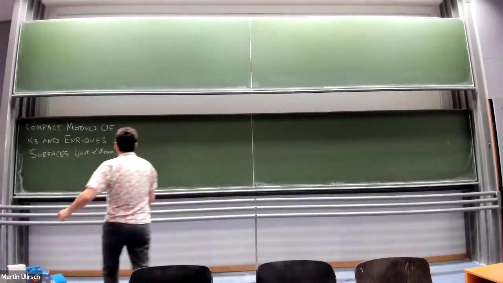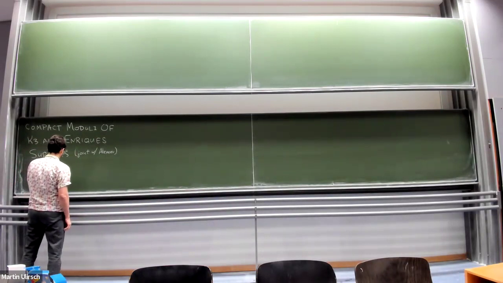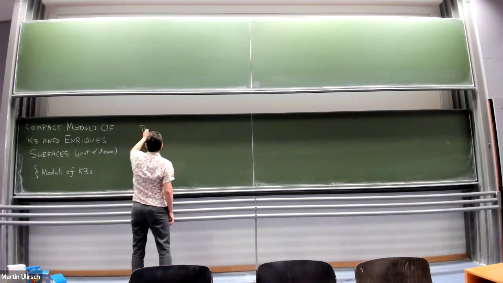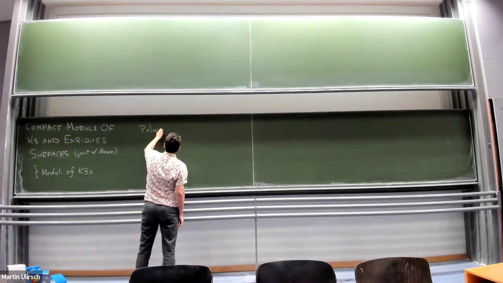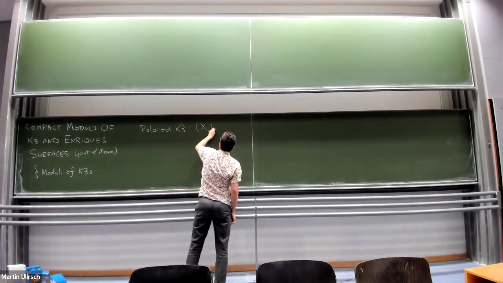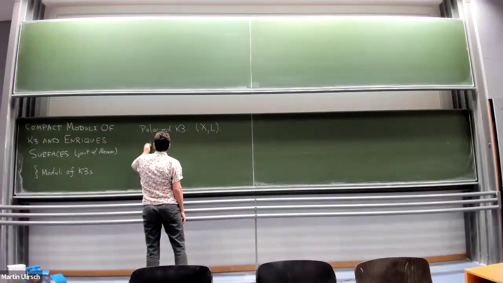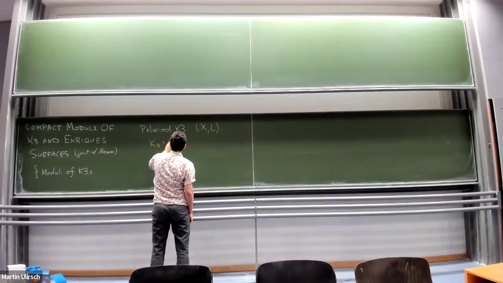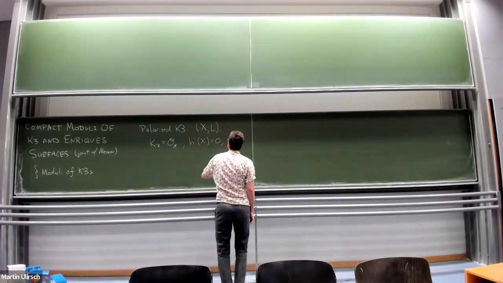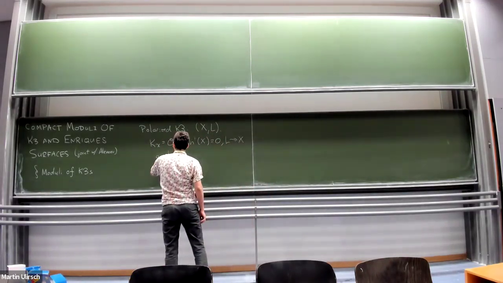Excited to be here. So let's just start with talking about moduli of K3. We're going to consider polarized K3 surfaces, which is a surface X together with a line bundle L, such that the canonical bundle of X is trivial, H1 of X is 0, and L over X is an ample line bundle.